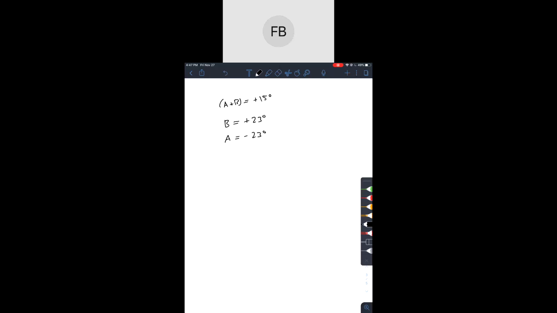Yeah, so I solve for A normally, I think. Okay, let's write up the equation first. So it's A times negative 23, plus B times positive 23.